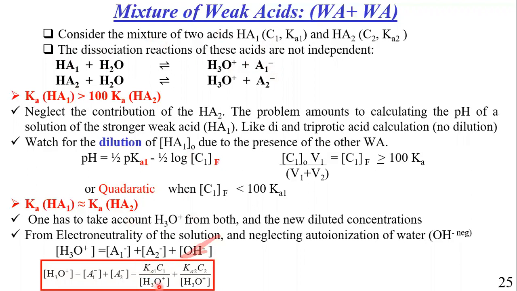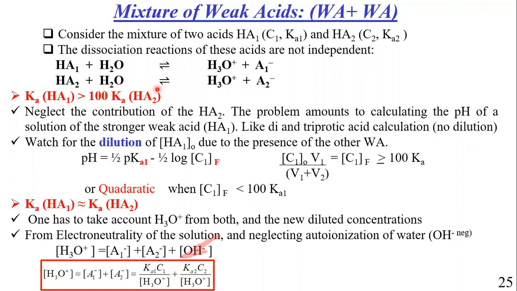If I consider that the amount dissociated, x, is negligible, in other words, that this reaction just doesn't proceed greatly, that means that the concentration of HA1 at equilibrium is simply equal to its initial concentration in the solution, which is actually the diluted form.